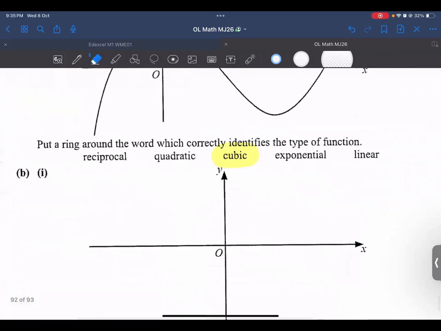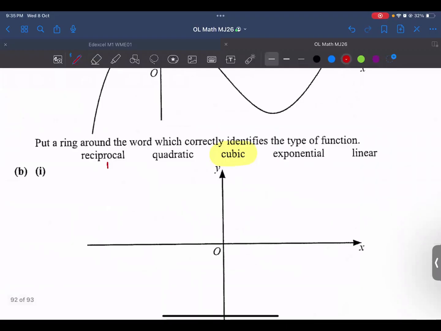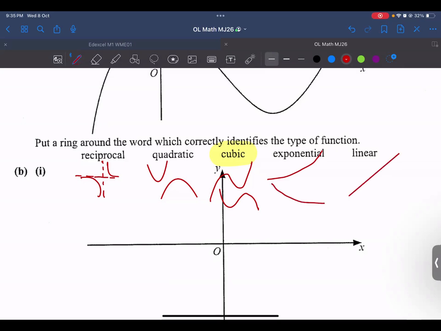Exponential, reciprocal is like this. Quadratic is either smiley face or sad face. This is the asymptote. Cubic is like this or like this. Exponential is like this, or it comes down like this. Linear is a straight line.